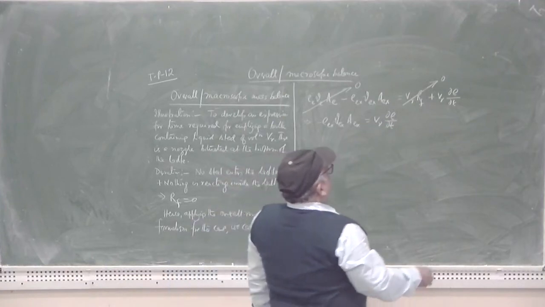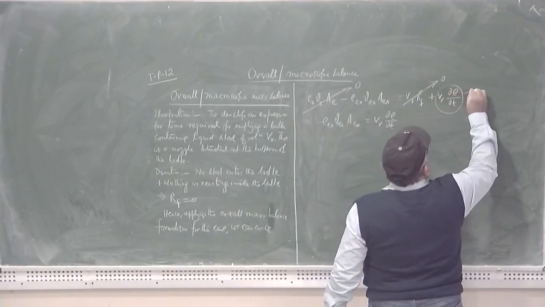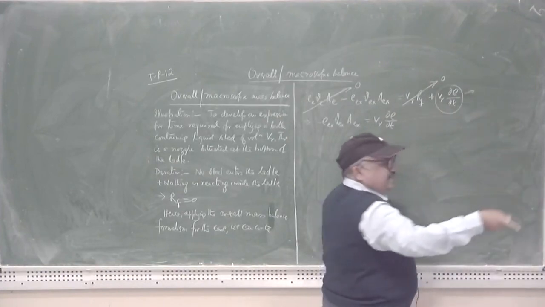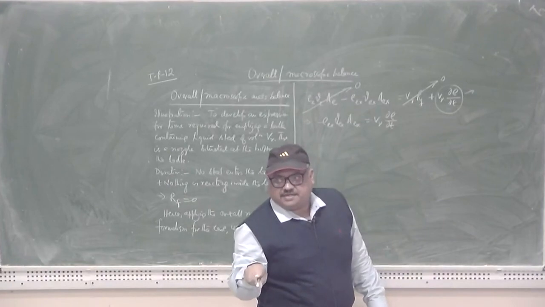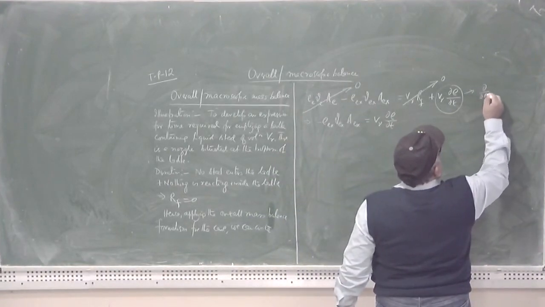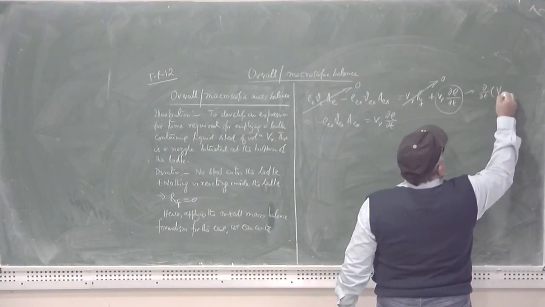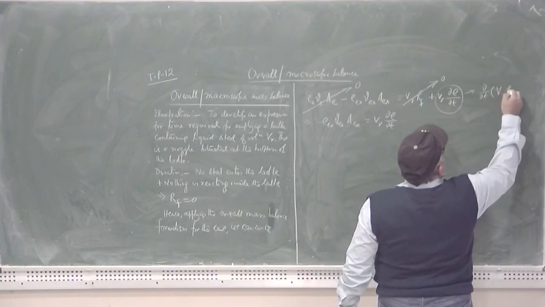Instead of this V_R d rho by dt, we can write the quantity of mass which is retained in the reactor per unit time, d by dt of the volume of the steel V_R into rho.